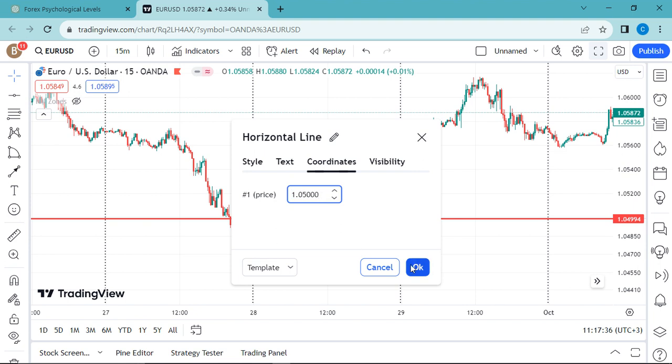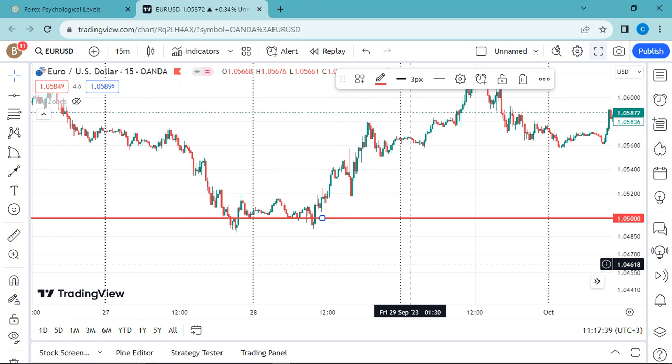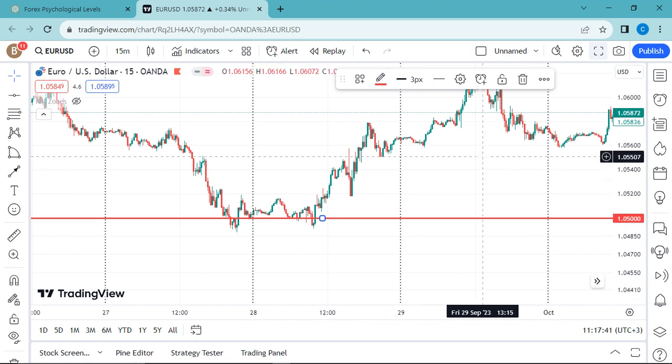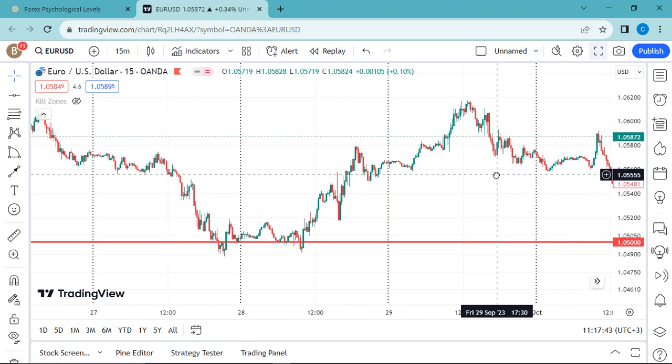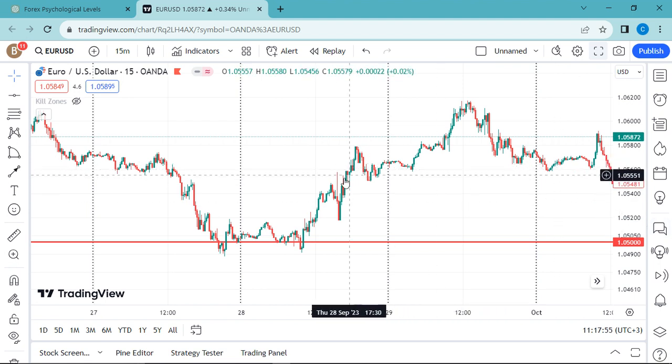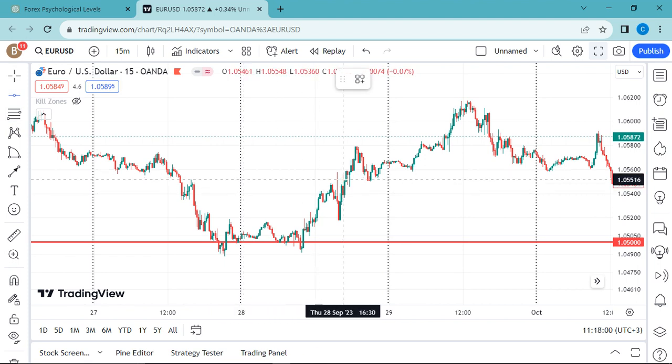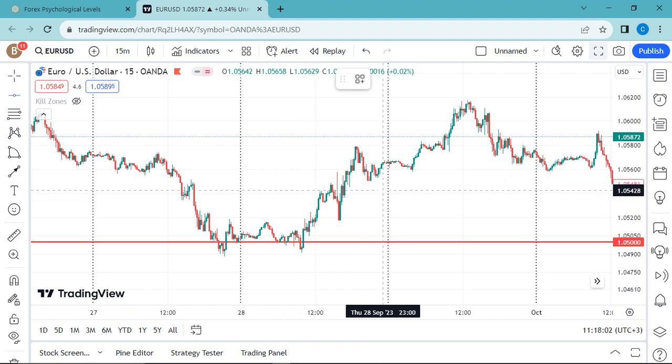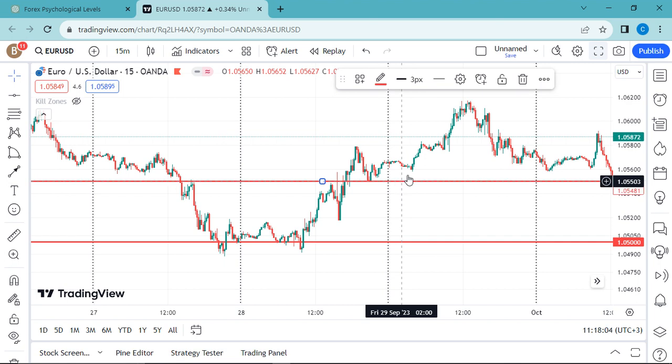It acts as a whole number, right? So we can also add 500 points to this 1.0500, right? So when you add 500 points, what do you get? You get 1.0550.